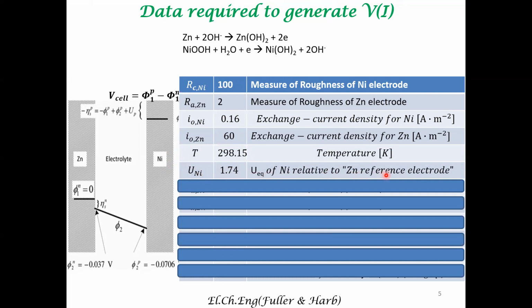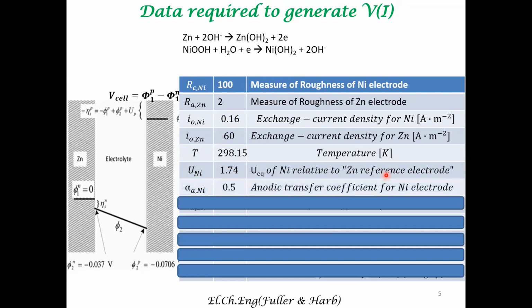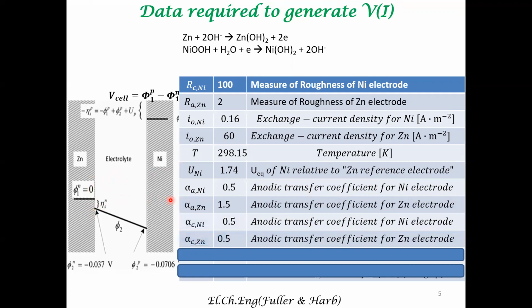This decreases the number of unknowns. This is the anodic charge transfer coefficient for the zinc electrode. For each electrode, the reaction can be anodic and cathodic, so you have to provide 4 different charge transfer coefficients.